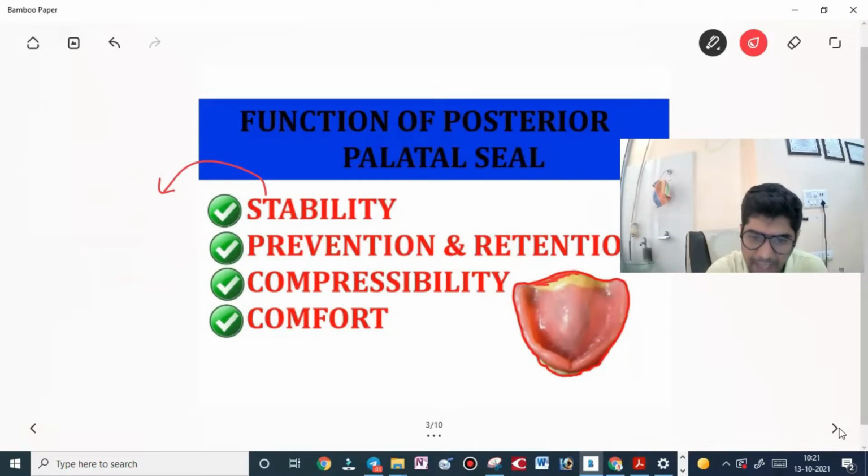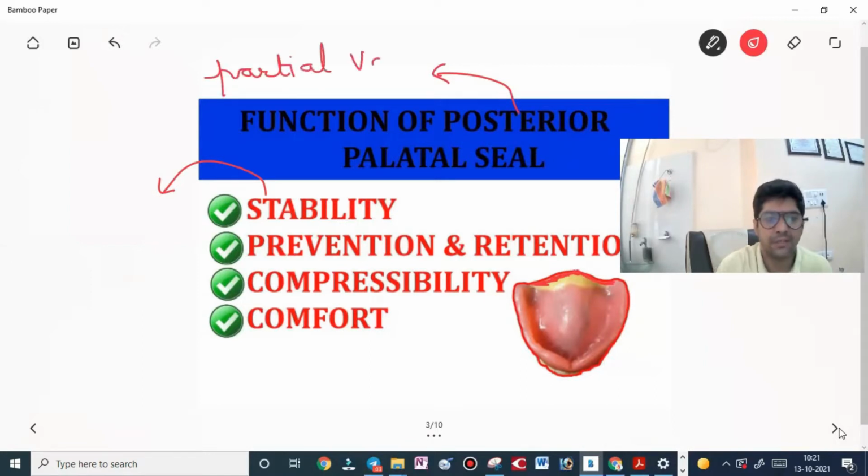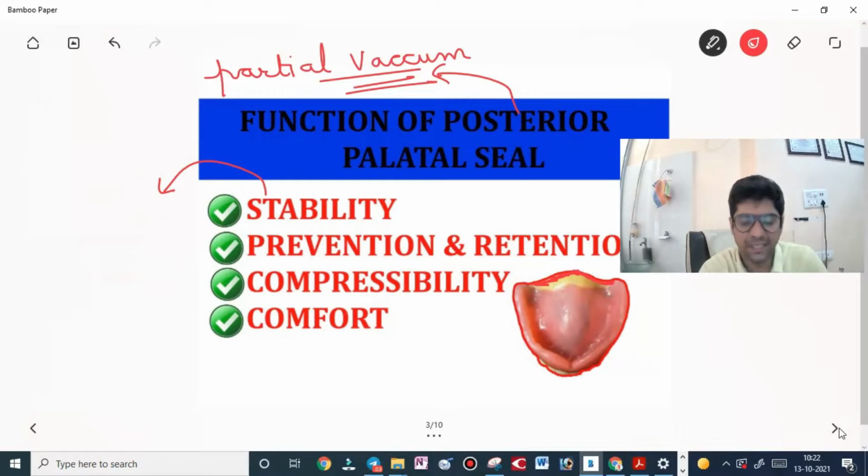During various functional movements like mastication, deglutition, or phonation, the tissue undergoes shallow displacement. So that is why the posterior palatal seal always creates a partial vacuum beneath the denture. So the main function of the posterior palatal seal is that it provides the stability.